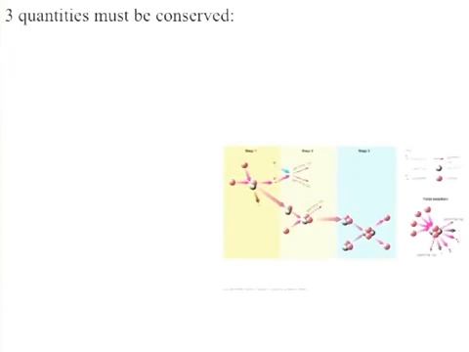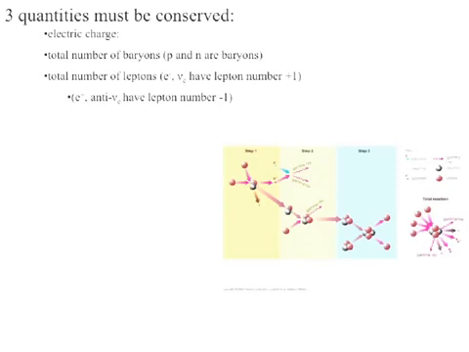All right, so the quantities that must be conserved: the electric charge has to be conserved, the total number of baryons, P and N, has to be conserved. You can think of the number of baryons as a quantum number of the reaction. That has to be a conserved quantity. And the total number of leptons. The electron and neutrino are lepton number +1.